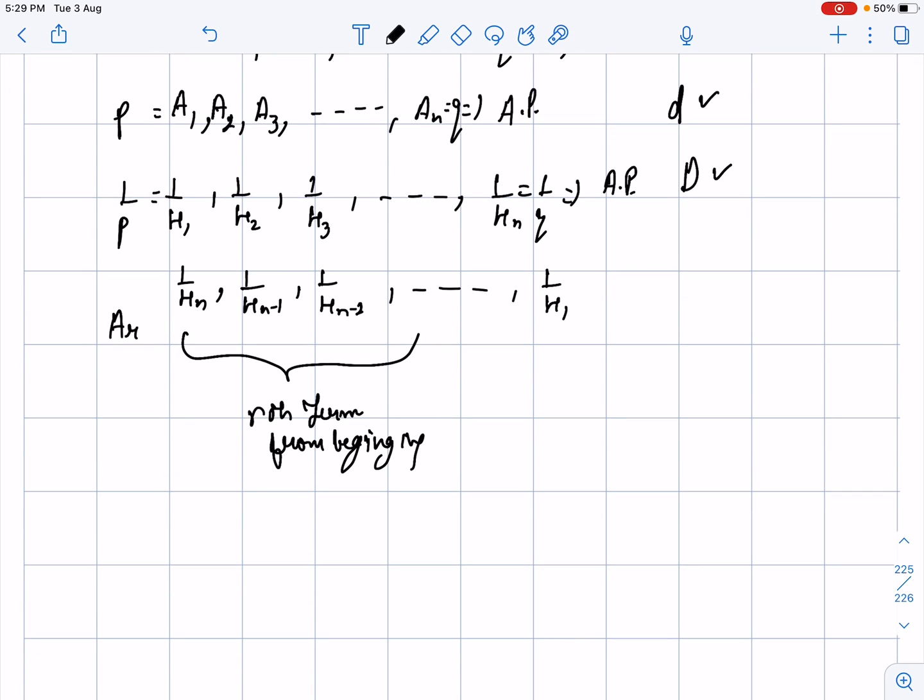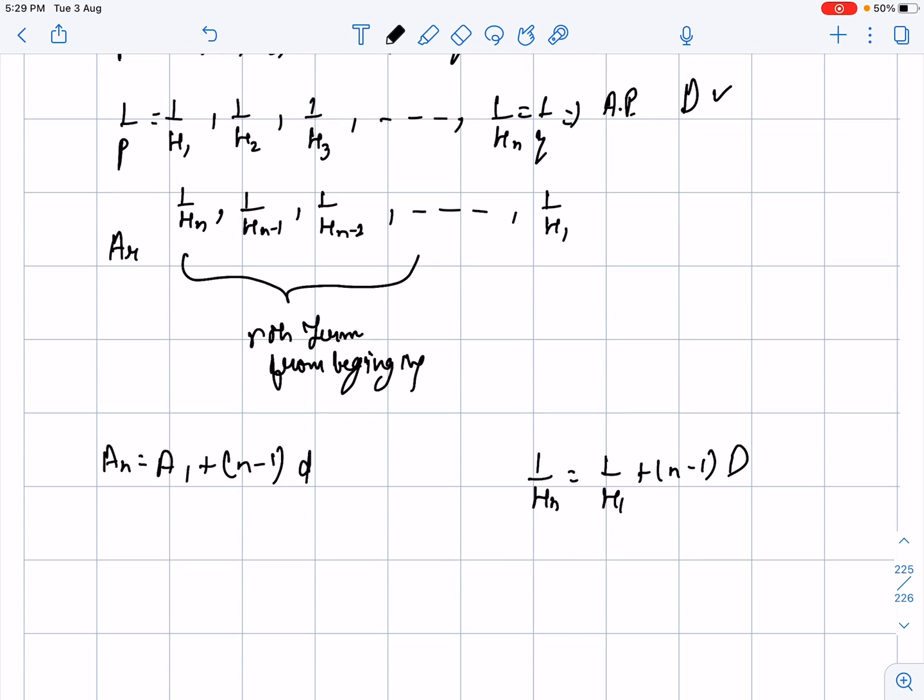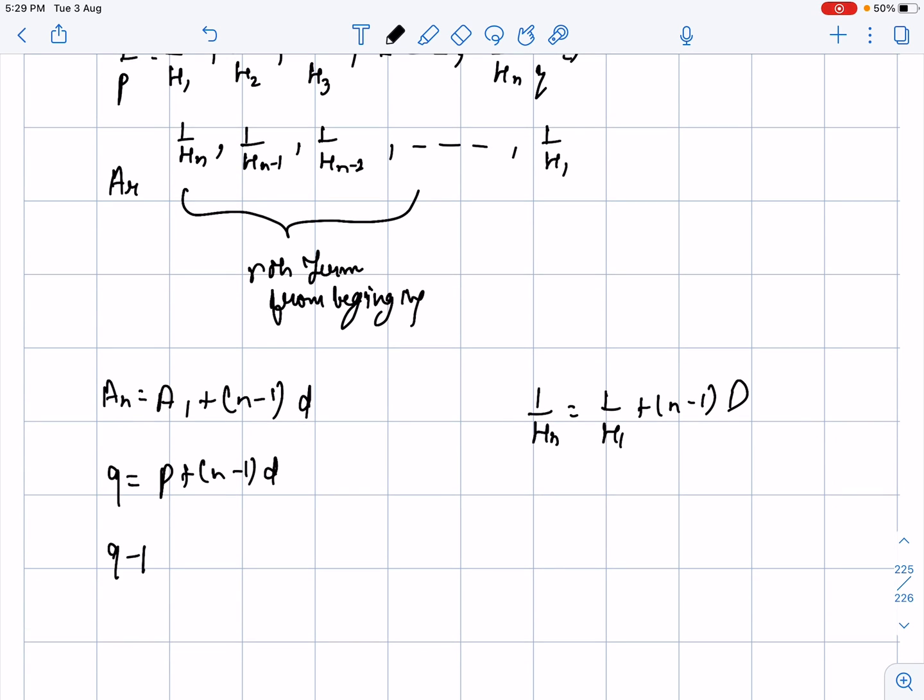For that I will write An is equal to A1 plus n minus 1 times small d, and 1 upon hn is equal to 1 upon h1 plus n minus 1 times capital D. That means q is equal to p plus n minus 1 times small d. That means q minus p divided by n minus 1 is the value of small d.